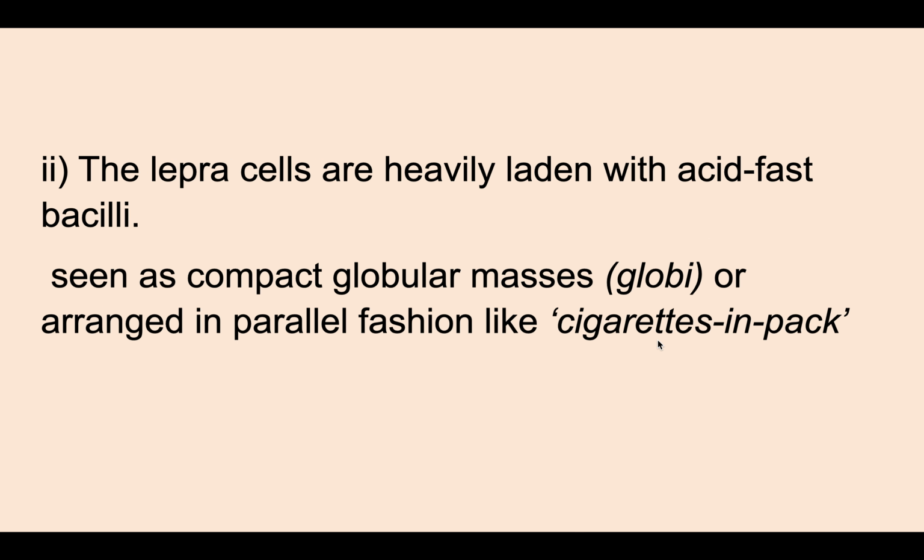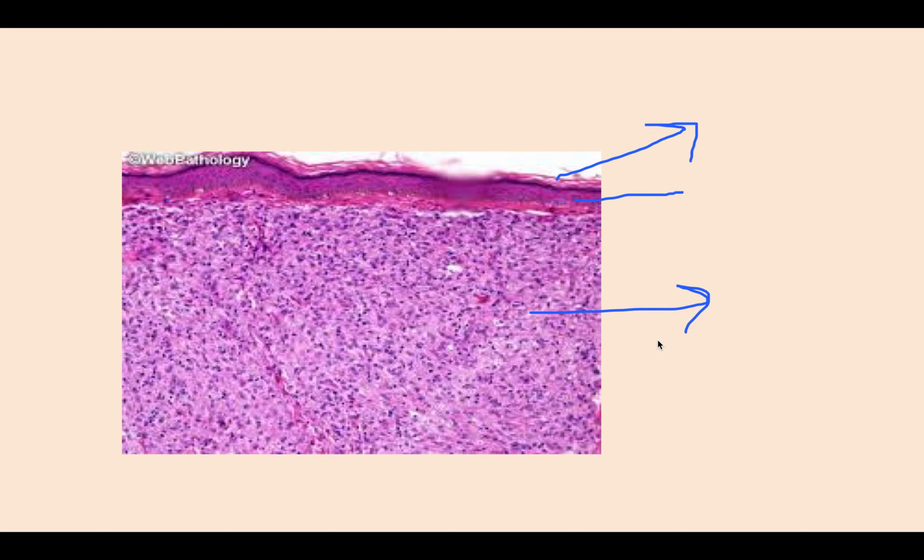Then you will have a clear area known as the Grenz zone below the epidermis, and below that there will be masses of lepra cells, the foamy macrophages laden with bacilli. And if you do ZN staining on this section, you will see many cigarettes in a pack fashion of bacilli, or globi of bacilli.